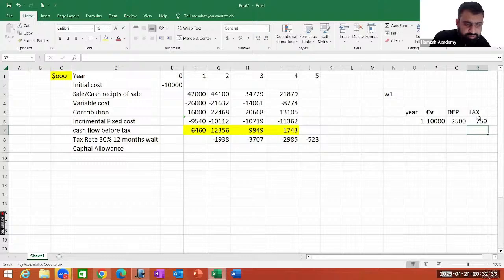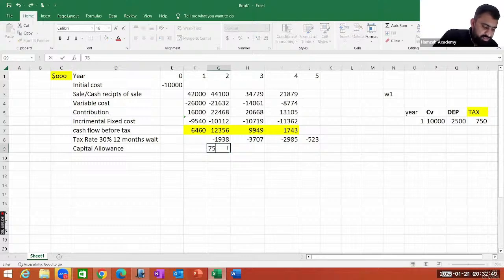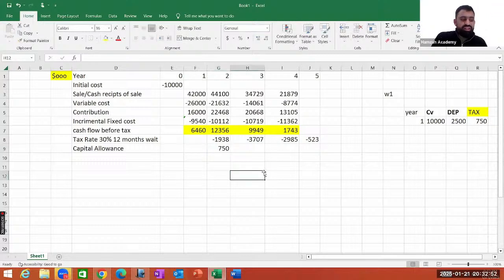Now this 750, this tax column is basically a tax relief, and it will be taken in a pro forma as per the tax assumption. Now 750 is relating to year one, but it will be available in the second year because we are assuming that tax impact with 12 months delay. So that is the year one tax relief.